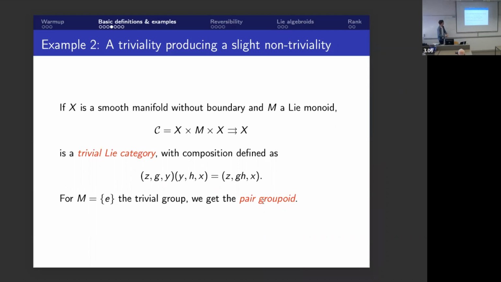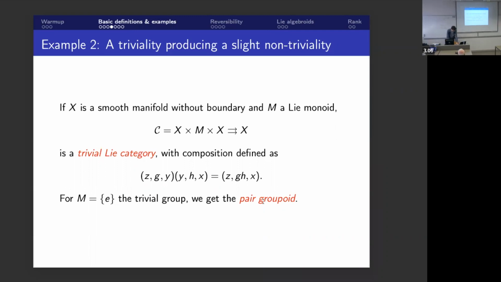It's just a kind of product. And for the case when M is the trivial group, we get the so-called pair groupoid. In that case, all of these multiplications are vacuous, so we can also leave out the e or whatever.